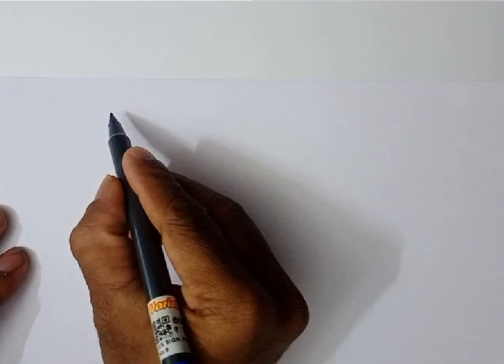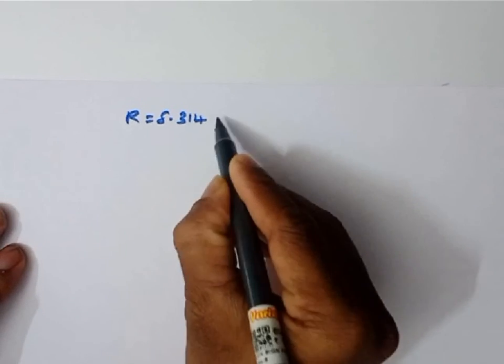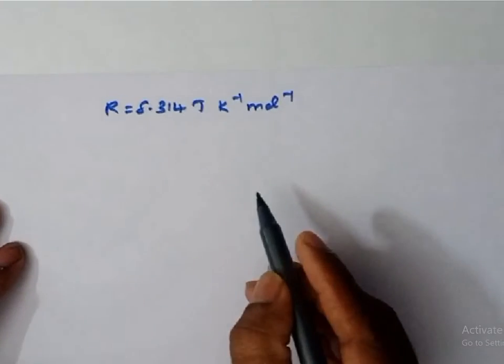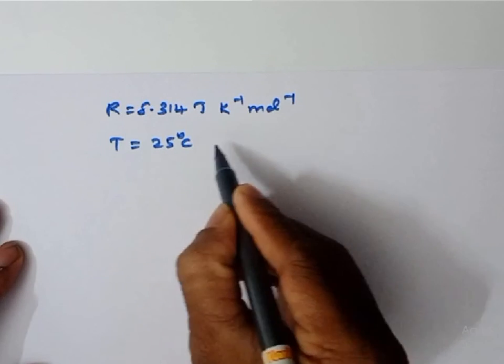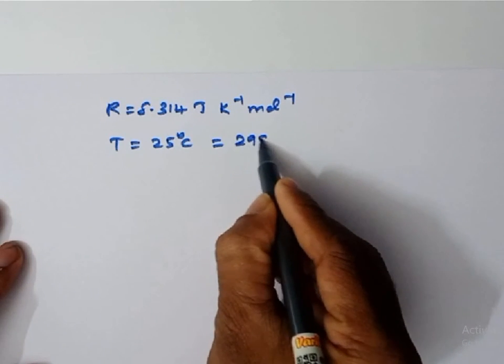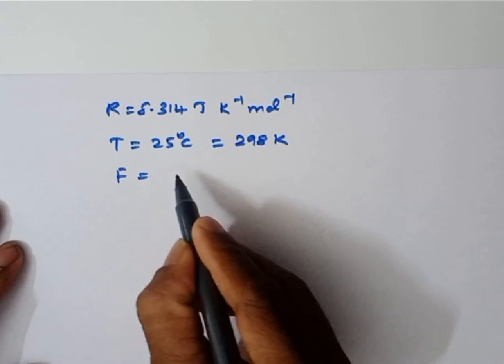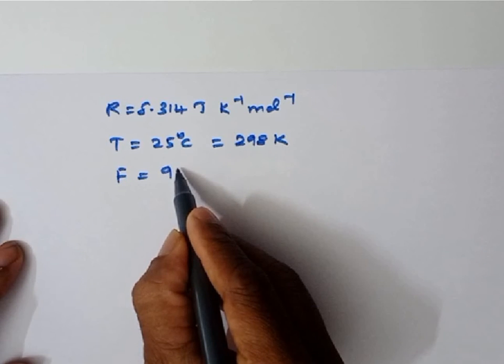You know very well, the value of R is 8.314 joule per Kelvin per mole, and the value of temperature, I'm going to put this as 25 degrees Celsius, which is nothing but 298 Kelvin. And what's the value of Faraday constant? Faraday constant is 96,000.